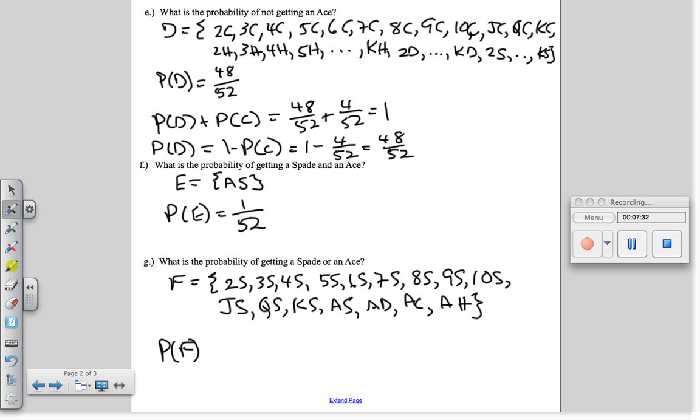There are in fact 16 cards in this event, so 16 out of 52.